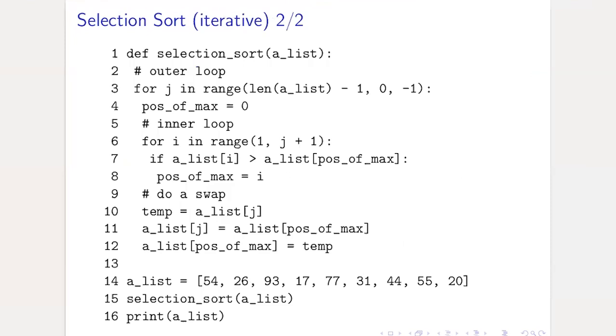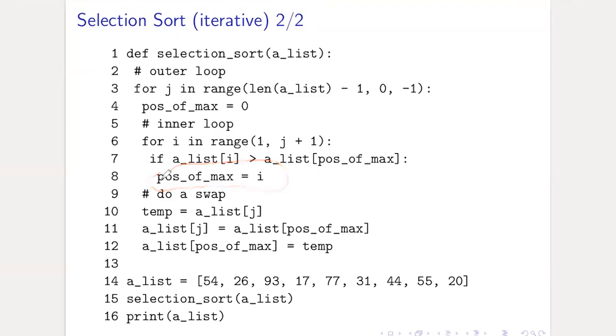So here's the loop, just the same as bubble sort, except for a few things. Here's the outer loop. We go through it, and in the inner loop, when we find an item which is larger than the currently largest one, we keep track of that.